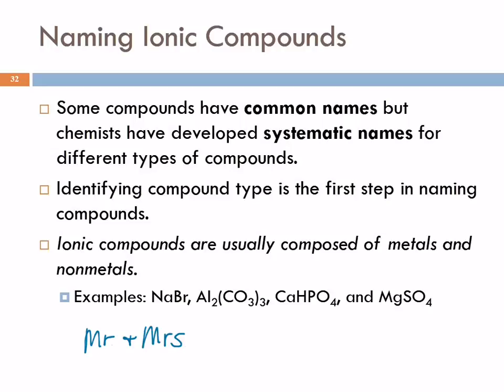That's how everybody does it. I don't think there's any better reason than that. It's just because, as a society, we've just always done it that way. We always write the metal first and then the nonmetal, the cation and then the anion, for the same reason. It's just custom. And when it's all nice and uniform that way, it's easier to recognize. It has nothing to do with the value of men and women or anything like that, okay?